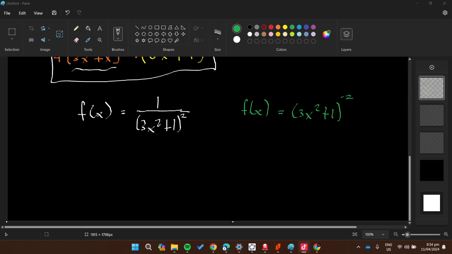Solve natin. Nakalimutan ko. Three x squared plus 1. Alright. Power negative 3.